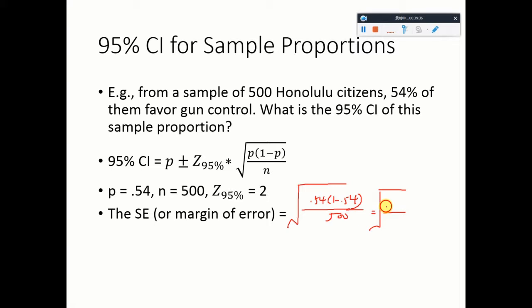If I'm doing this correctly, that's 0.2484, divided by 500. And we take the square root of that value. Don't forget about that step. It will be, I think, 0.02.